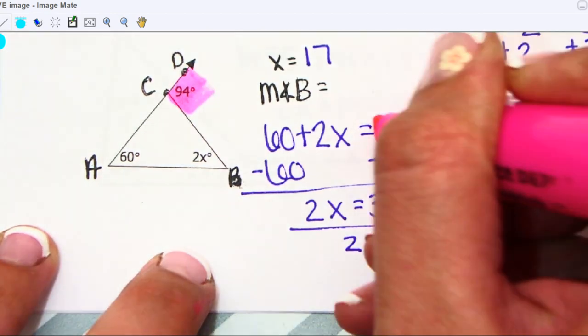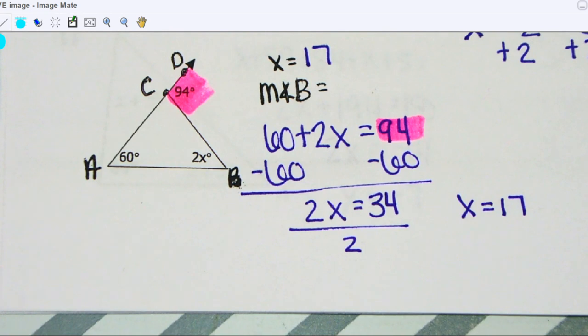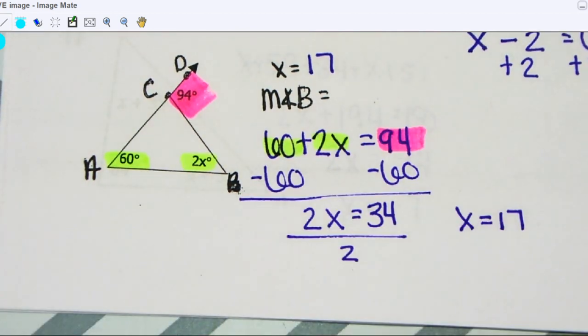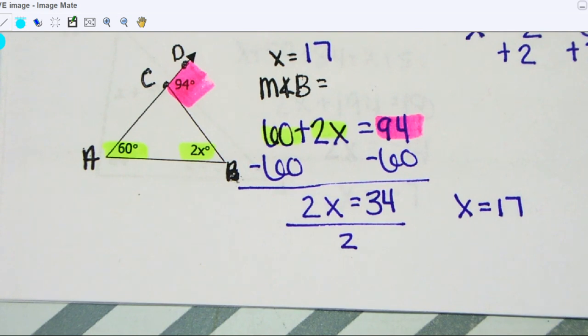Obviously, the exterior is the one on the outside. The remote interiors are going to be the ones that are far away from the outside, the non-adjacent ones. So these are my remote interiors.